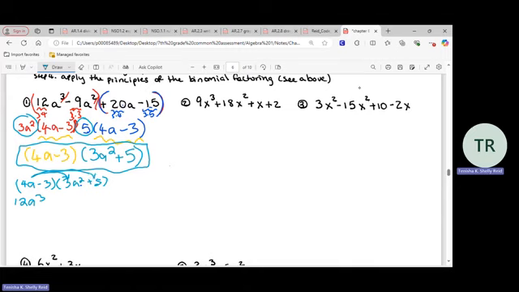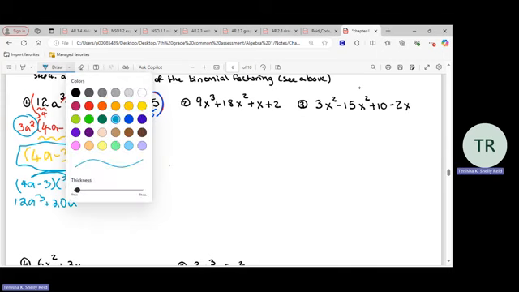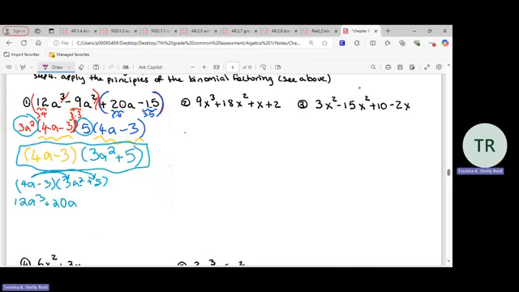And then 4a times 5 gives me plus 20a. Then I'm going to come down and do the bottom part. Negative 3 times 3a squared will give me negative 9a squared, and negative 3 times 5 is negative 15.